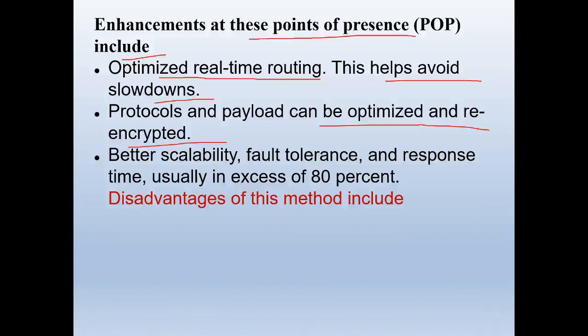Better scalability, fault tolerance and response time, usually in excess of 80%. So because of this enhancement on the cloud provider's side you will get better scalability, fault tolerance, meaning some faults can be tolerated, and response time improves by in excess of 80%. So that much it will increase.